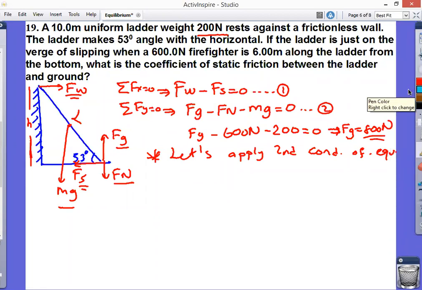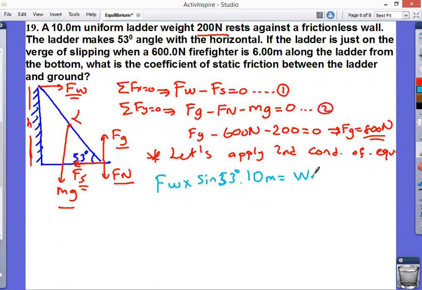So then what's going to happen? Let's write here F wall times sine 53 times the length of the ladder. What is the length of the ladder? It's given as 10 meters, right? Equal to 200 times, what is 200?